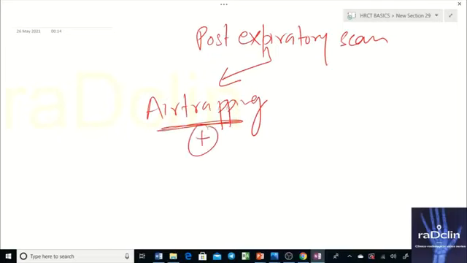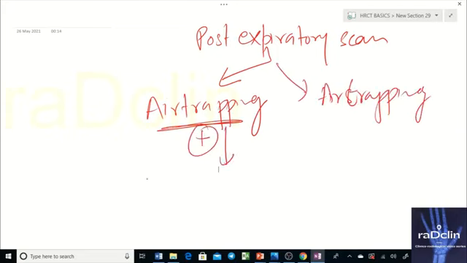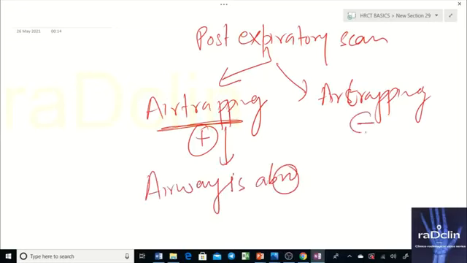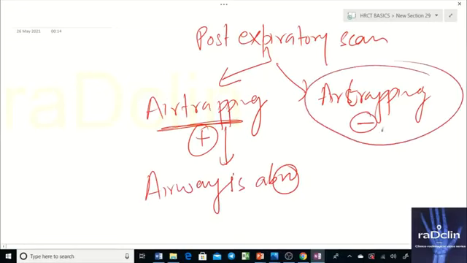So whether air trapping is there or not. If you have air trapping, it suggests that the airway is abnormal. If you do not have air trapping and still you have mosaic perfusion, this suggests that the cause of mosaic perfusion was simply what? Vascular cause.